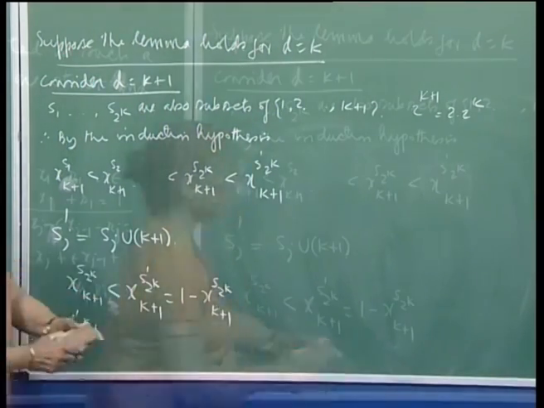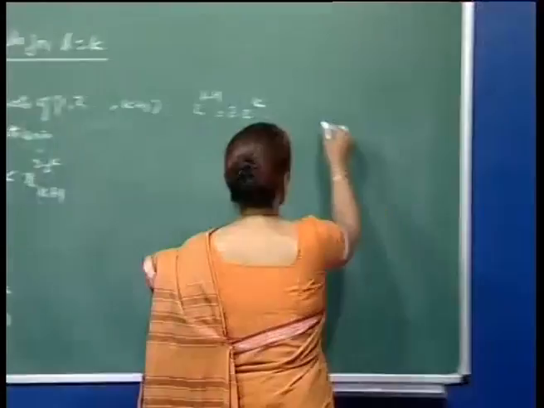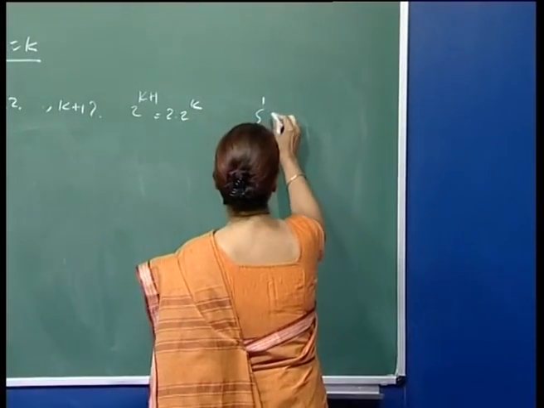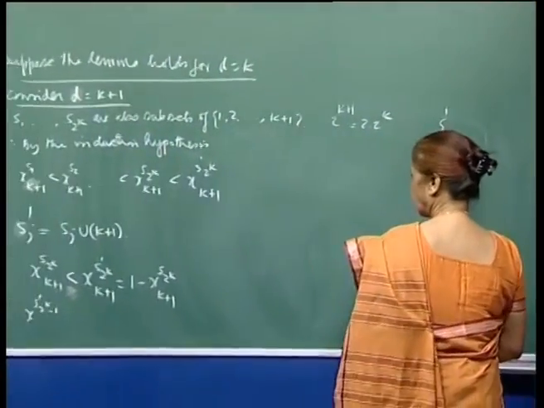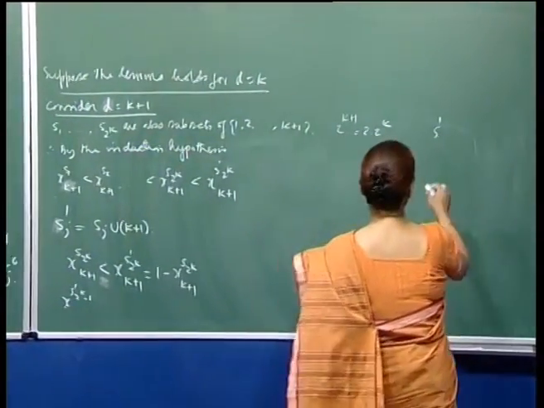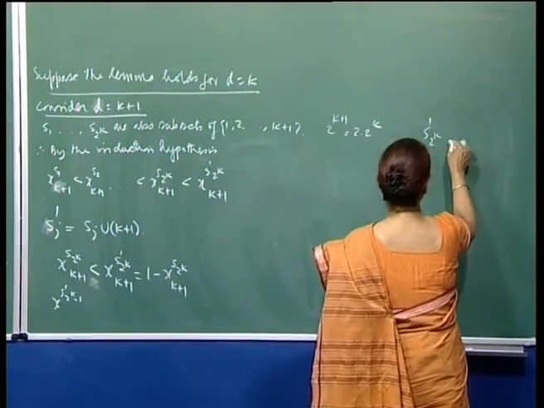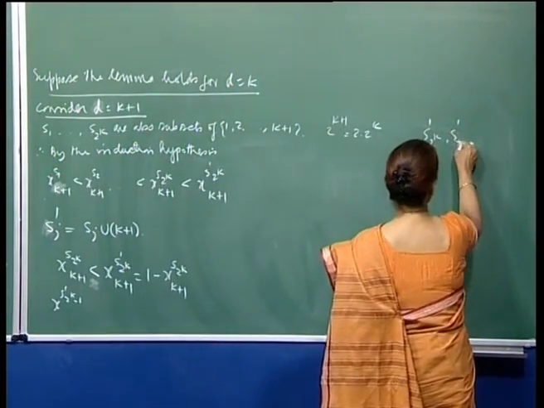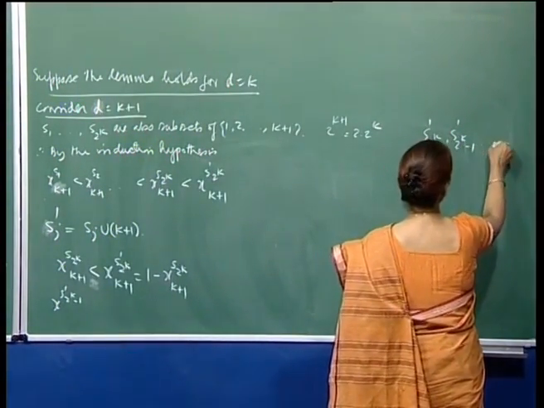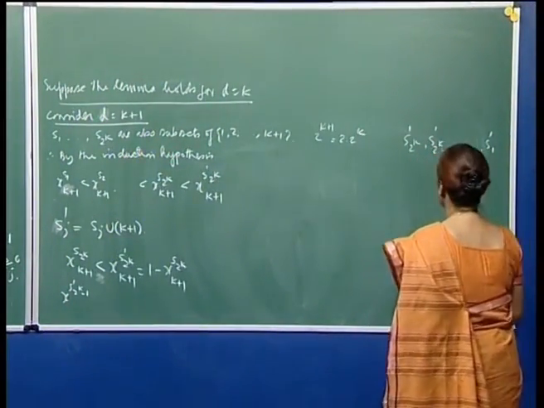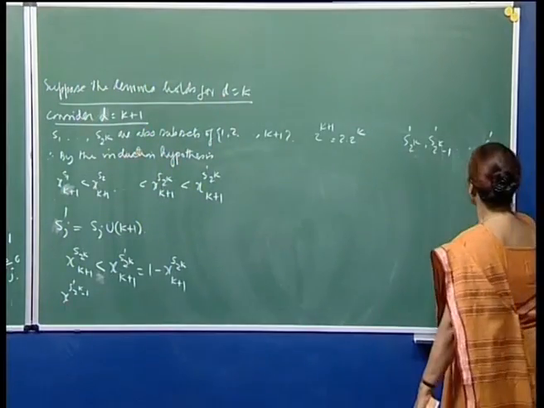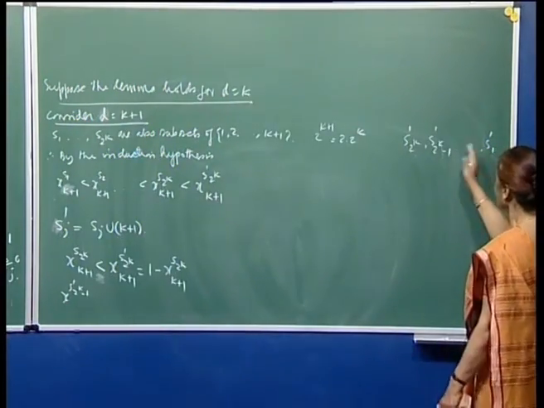Remember the numbering of the sets: this is 2 raised to k, the numbering is s prime 2 raised to k minus 1 and so on, and then you will have s prime 1. So, this is how you have 2 raised to k new sets, and we are just trying to order them here.